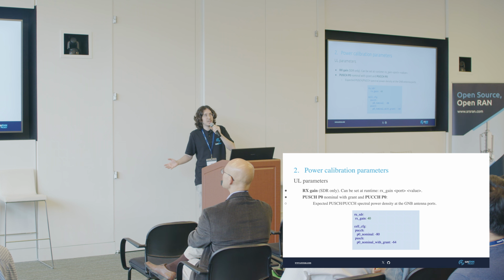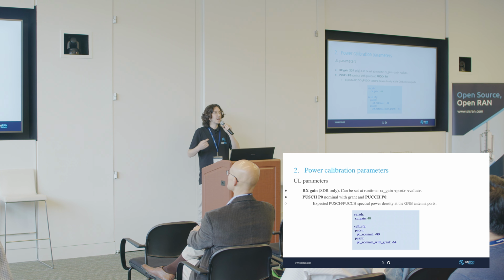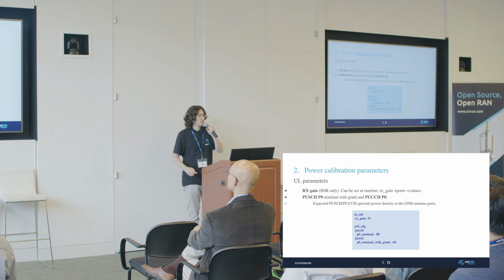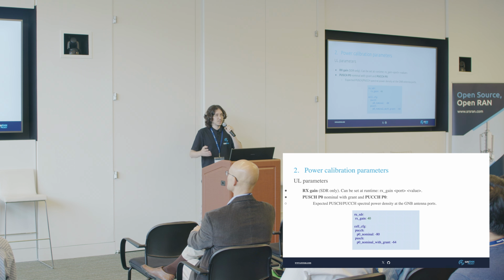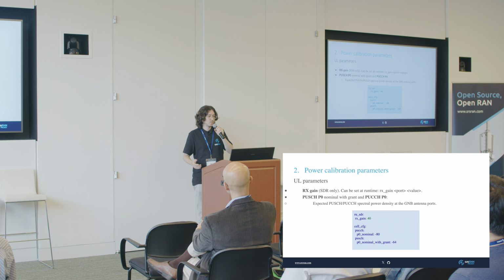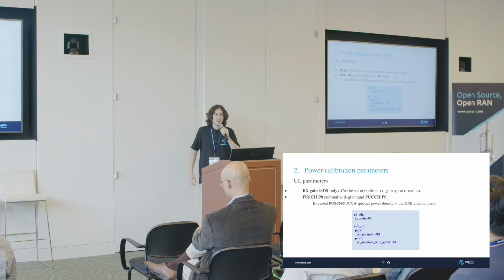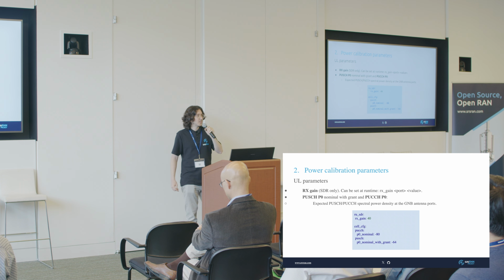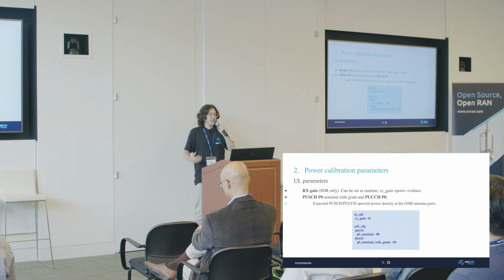And well, I didn't say it before, but both the transmission gain and the receive gain can be configured at runtime through the console. So if you launch the gNB and you want to play with these parameters, which is very useful in some situations, you don't need to stop it and run it again in order to change these values.